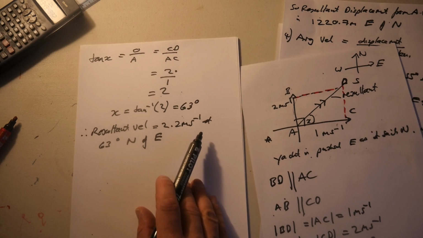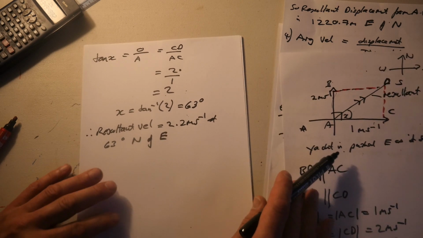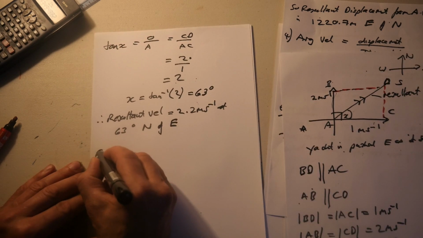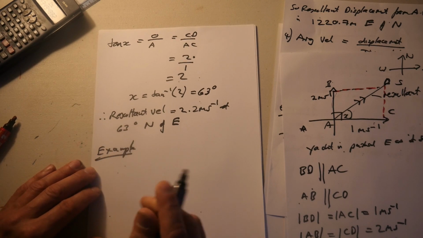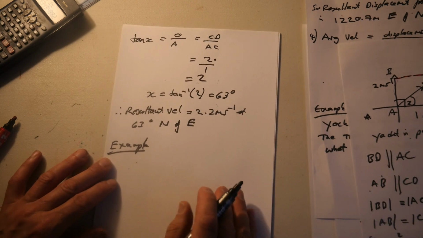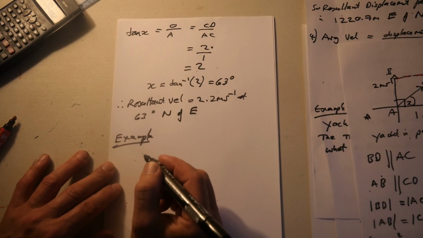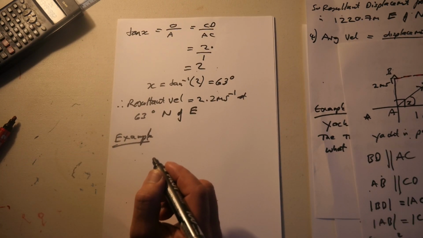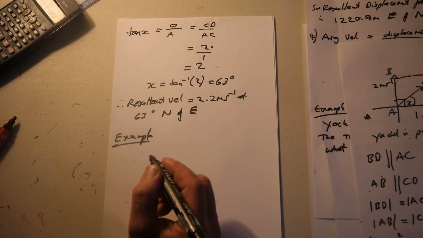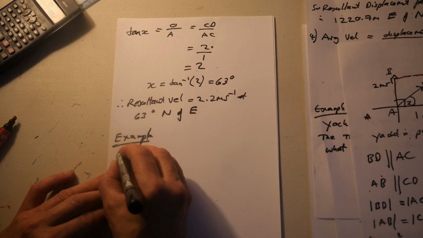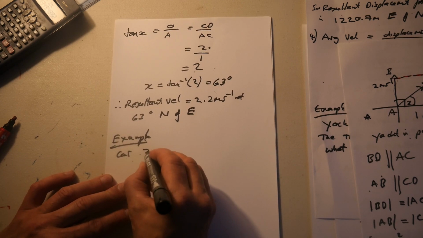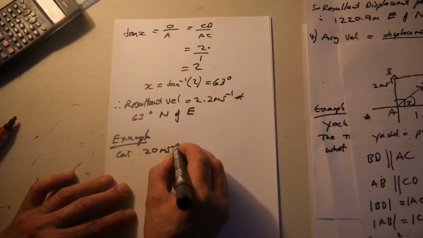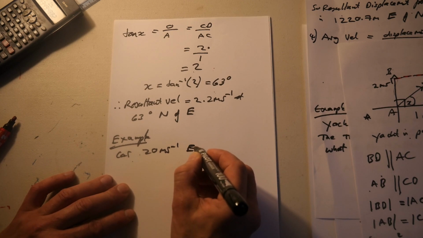And one more example, a lot of examples. So another example. A car travels, so I'll try to make this one quicker. Car travels 20 meters per second east, okay?